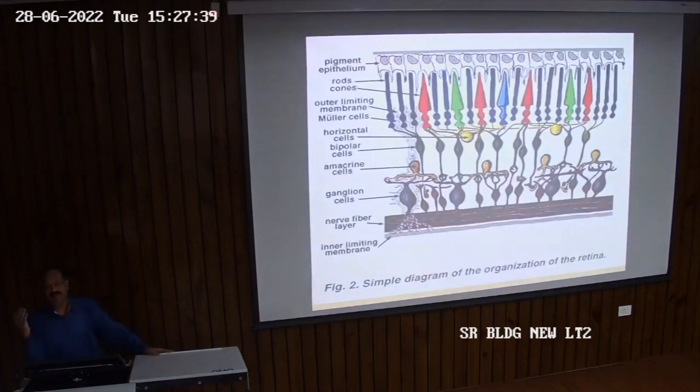This is a histological picture which gives you some idea of what is happening. The pigment epithelium is on the uppermost, but it is just like a reverse thing. When you are seeing an eye, this pigment epithelium is the deepest.